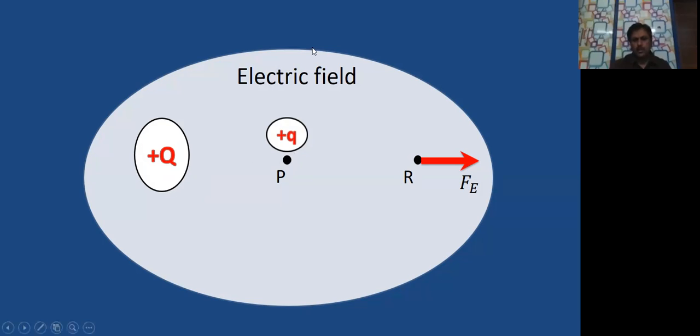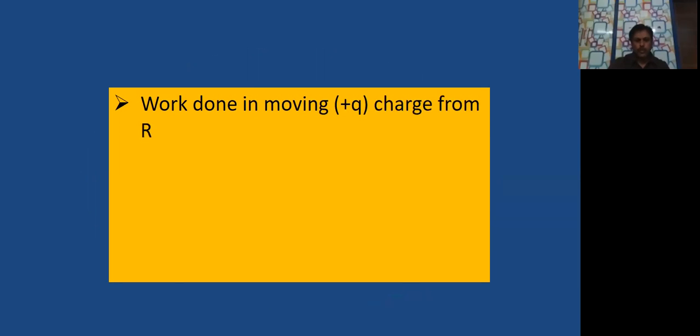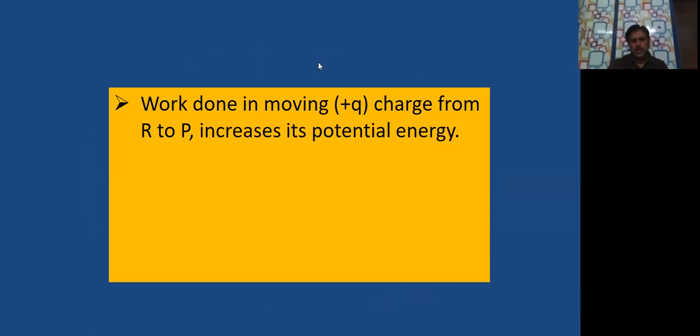Yes or not? That means if you see here, it is moved from here to here. So the work done in moving plus Q charge from point R to point P increases its potential energy. Yes or not? It is gaining the potential energy.